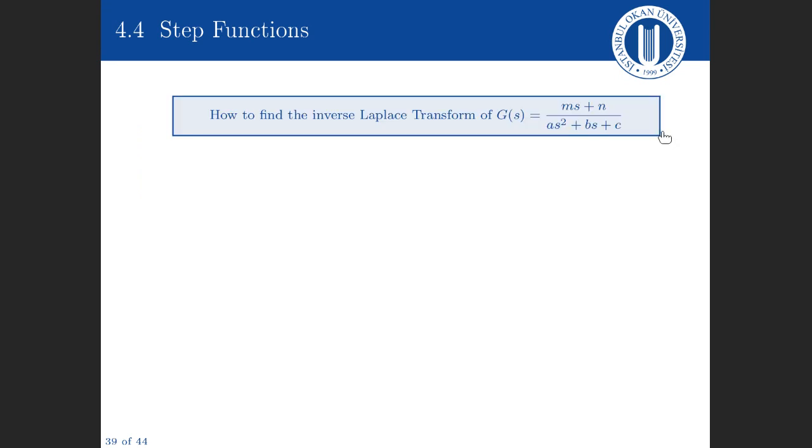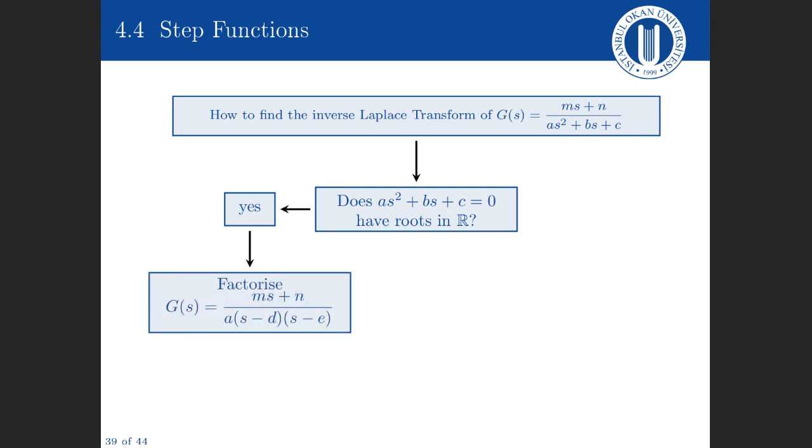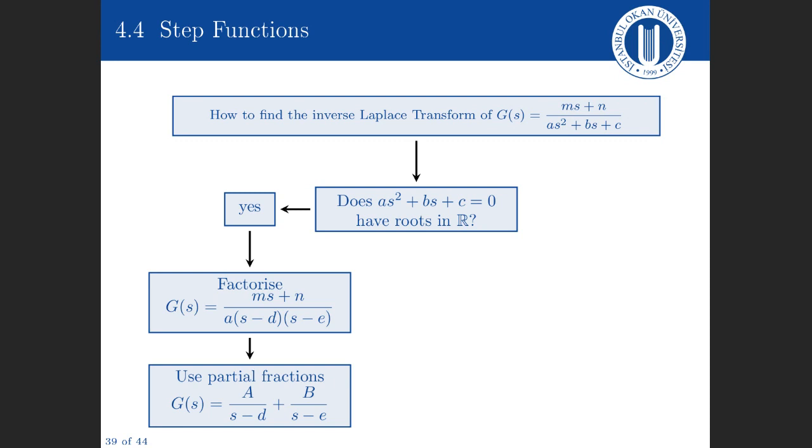Okay, so how do we find the inverse Laplace transform of a rational function like this? The first question to ask is, does the denominator have roots in the real numbers? If the answer is yes, then we want to use partial fractions. Factorize the denominator and then use partial fractions.